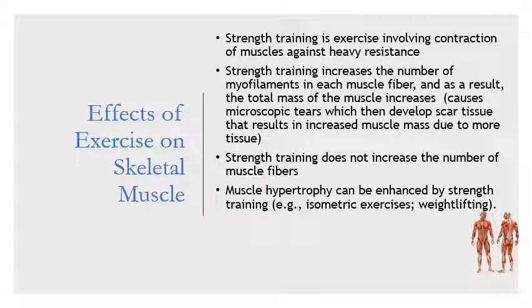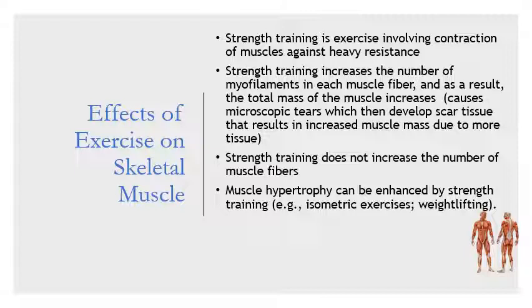So strength training is the exercise involving contraction of muscles against heavy resistance. This is where you see the weightlifters, pressing weights with your legs, lifting weights with your arms.